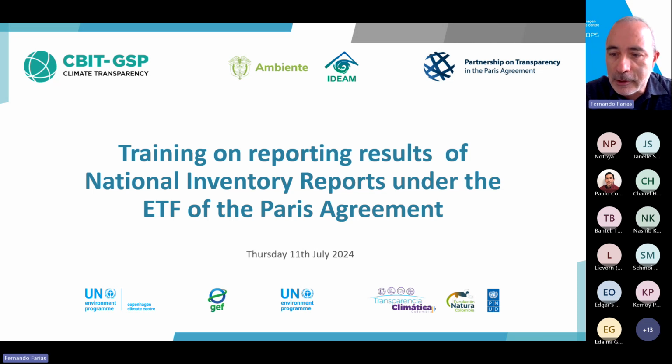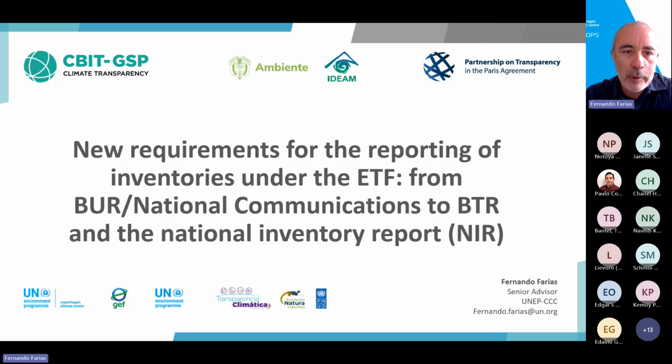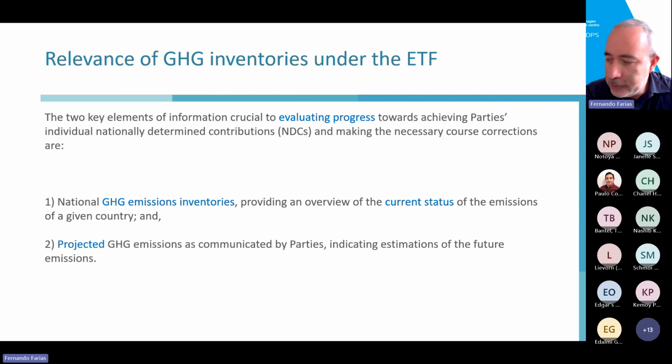And then moving to the topic of new requirements for the reporting on the inventories under the enhanced transparency framework. We all know how important the GHG inventories are for complying with the Paris Agreement. It's not only a matter of reporting, but the whole concept of NDC tracking relies heavily both on the national GHG inventories and also on the projections.